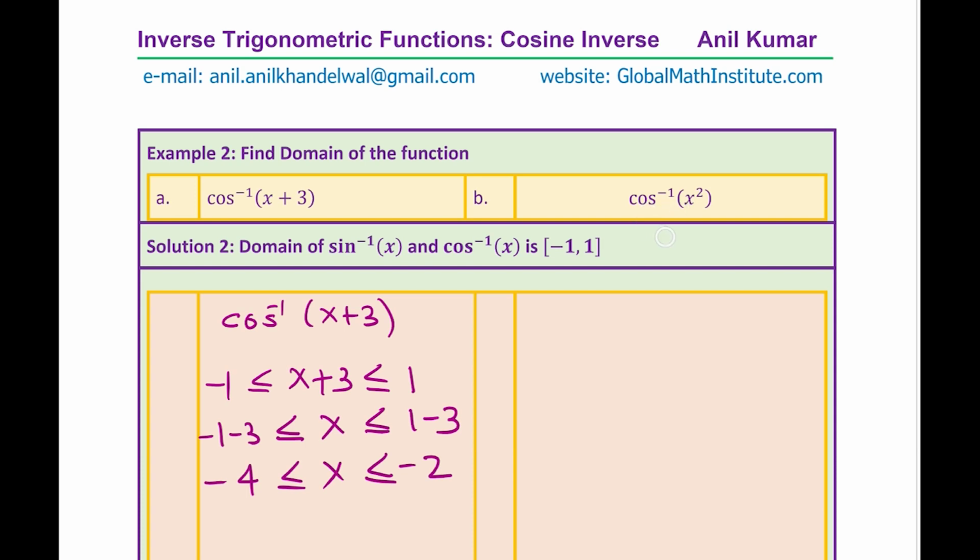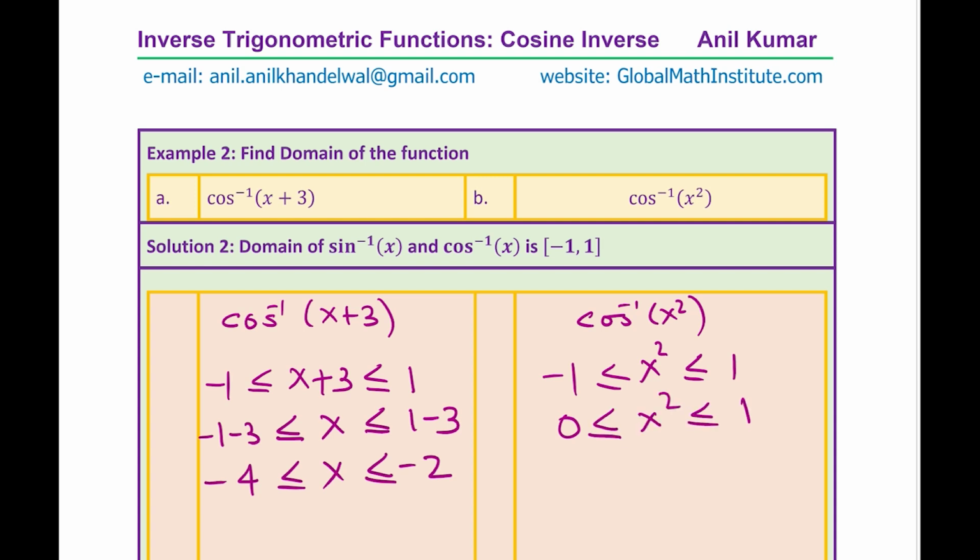Now let's see how we find the domain of cos inverse of x squared. So that means x squared has to be greater than or equal to minus 1 but less than or equal to plus 1. Now square is always positive, right? So we know that it is definitely greater than 0 or it could be equal to 0.